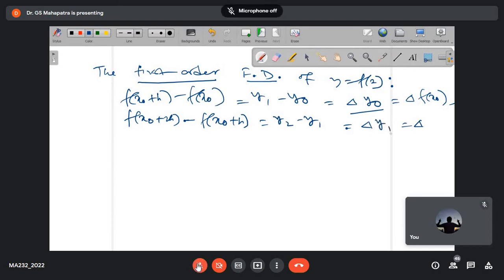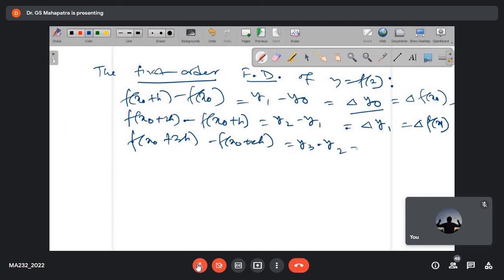Delta y1, that is f of x1. All these are called first order forward differences: y3 minus y2, del of y2 equals del of f of x2, and so on.